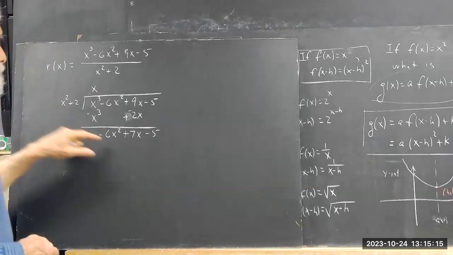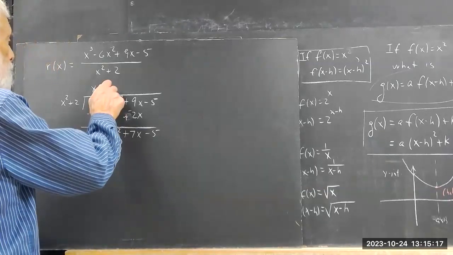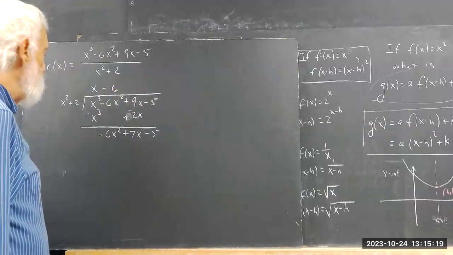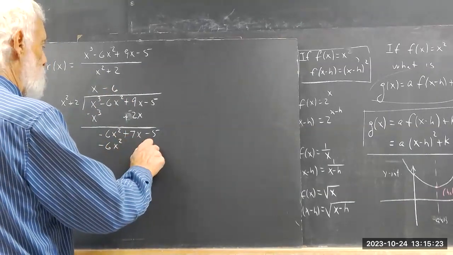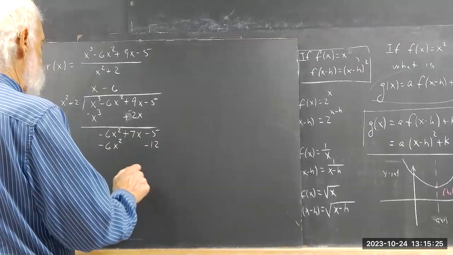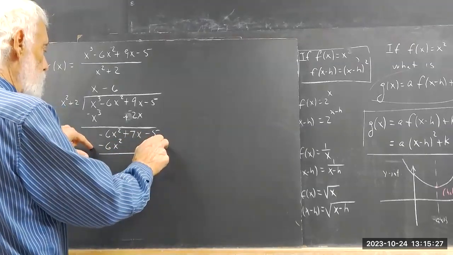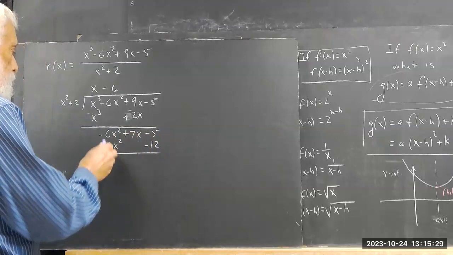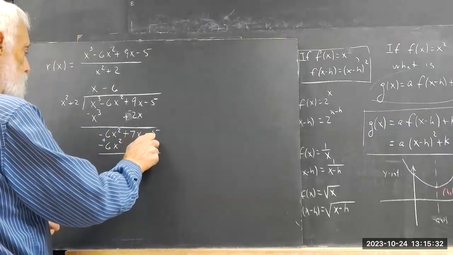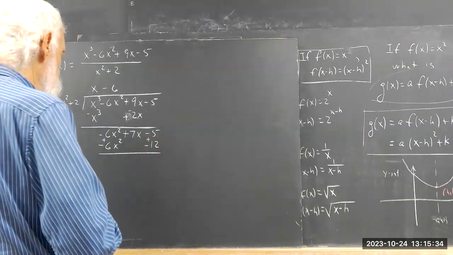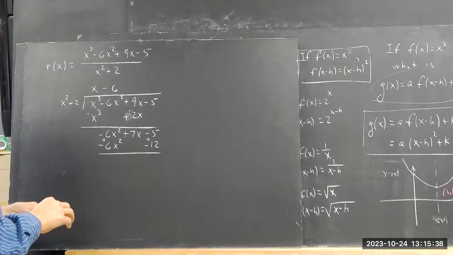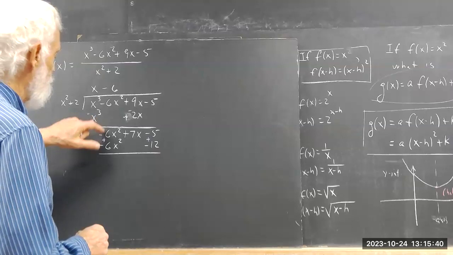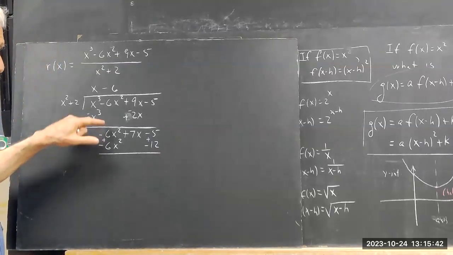Anyhow, then x squared goes into minus 6x squared minus 6 times. And then we get minus 6x squared and minus 12. And now we're going to subtract all this. So we better put a little tiny plus sign here to remind ourselves that to subtract these negatives, we've got to actually use a positive. And of course, this goes away.